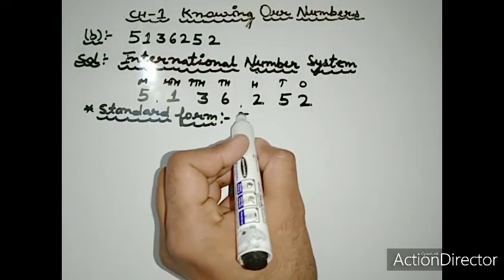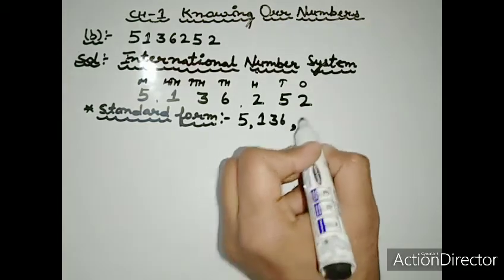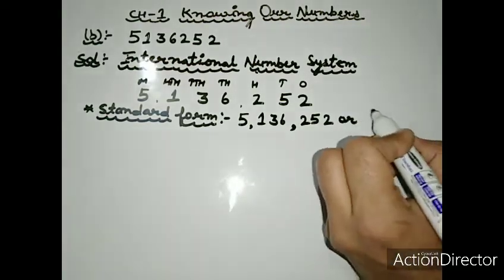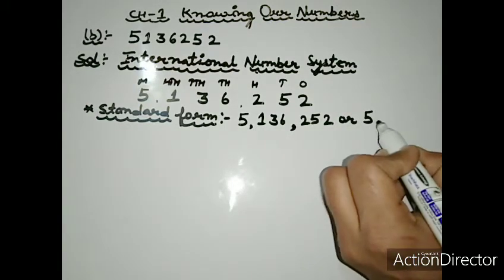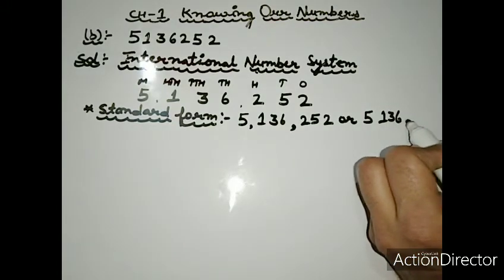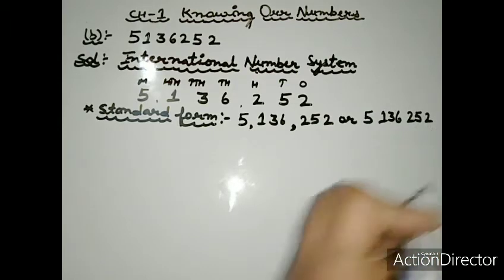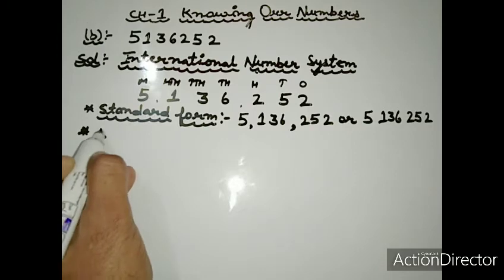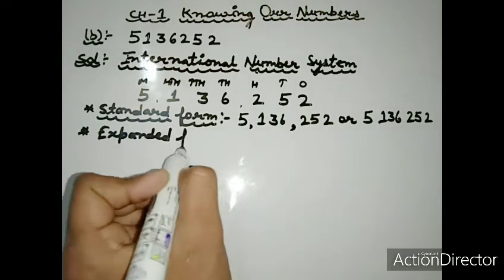Now we write this number in standard form as 5 comma 136 comma 252, or by leaving space 5, leave space here and separate the other period here and leave space again and 252. Now we write the expanded form of this number.